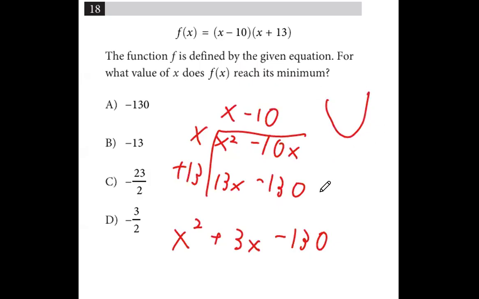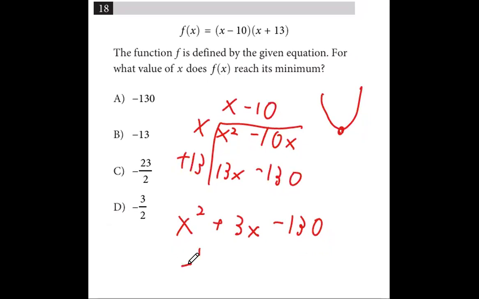And so, in order to find this vertex point, we know that it is going to be negative b over 2a, where a would be the coefficient for the x squared term, b is the coefficient for this term, and c is this. So in this case, we'd have negative 3 over 2 times a, and a is just 1.